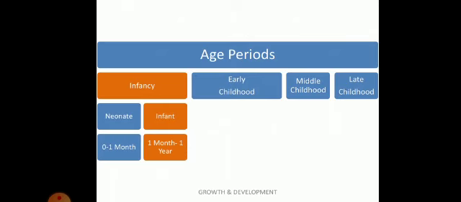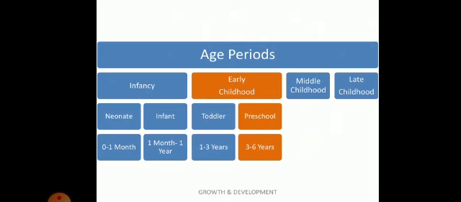Now early childhood, which also has two parts. First is toddler, which is 1 to 3 years. Then preschool. To get admission in first standard, the child must have completed 6 years. Clear?